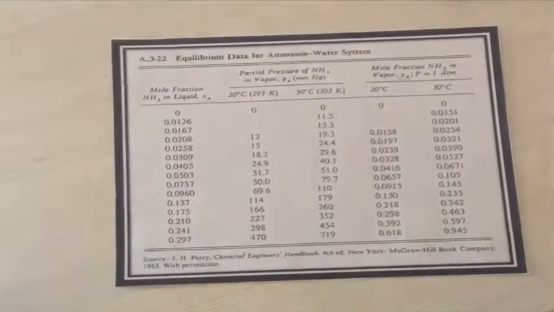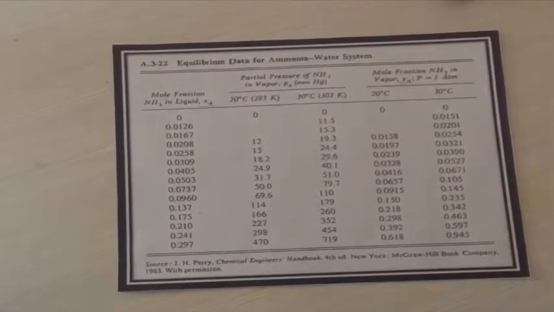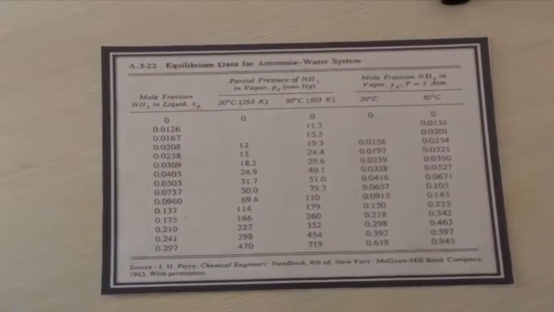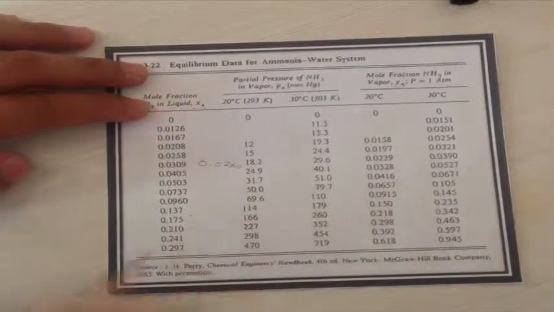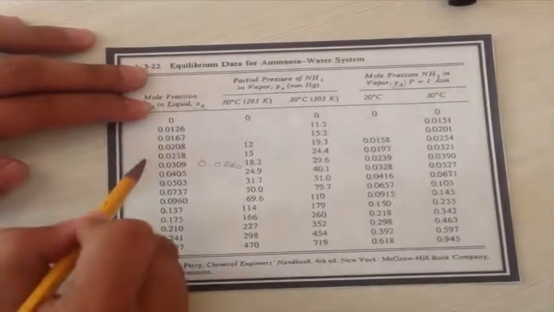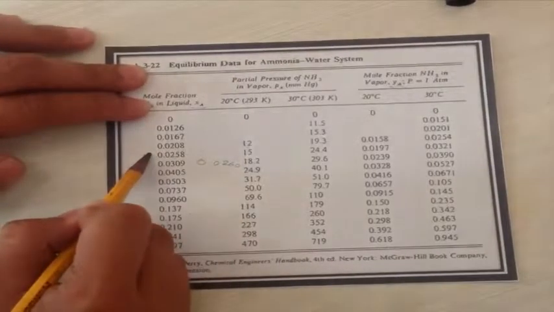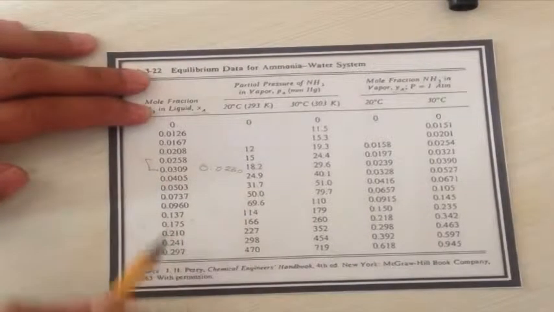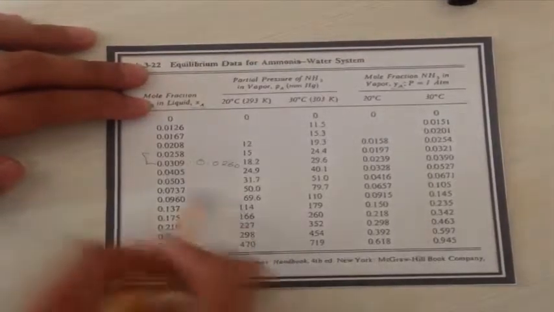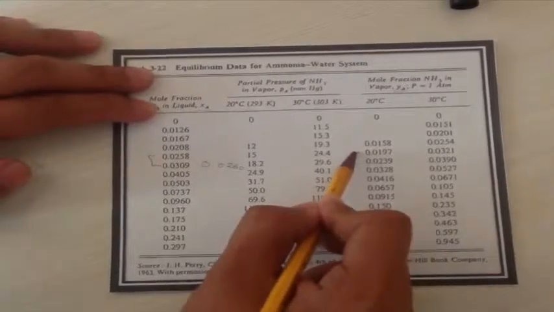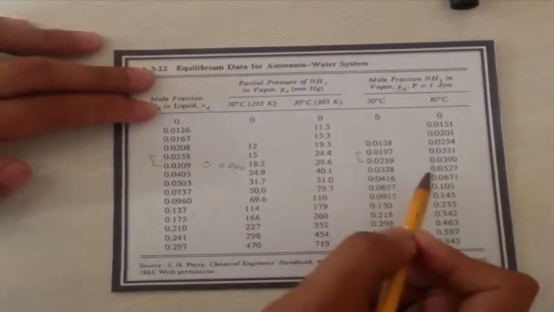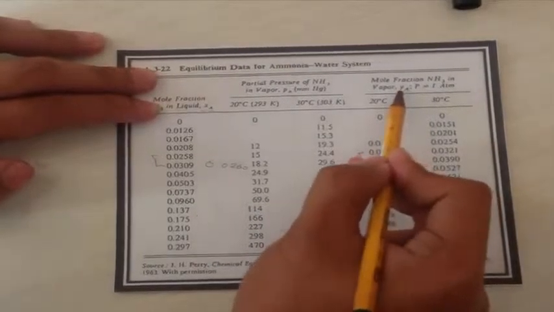We already have calculated the effluent concentration of the liquid, which is 0.0260, which is in between the values 0.0258 and 0.0309. Corresponding to these values are 0.0197 and 0.0239, which are the values for the Y.